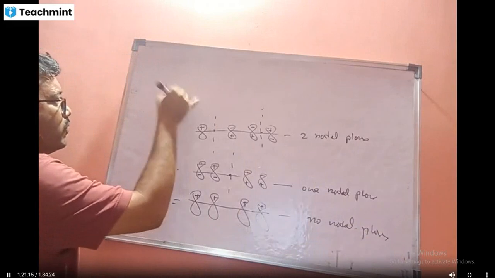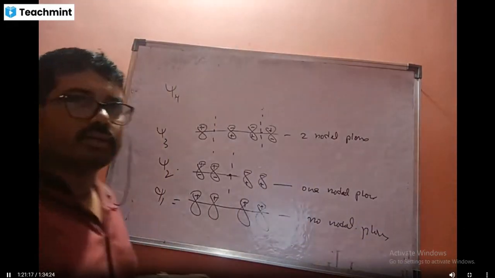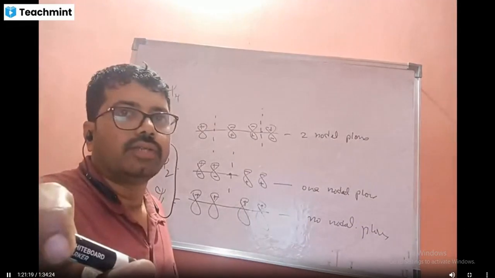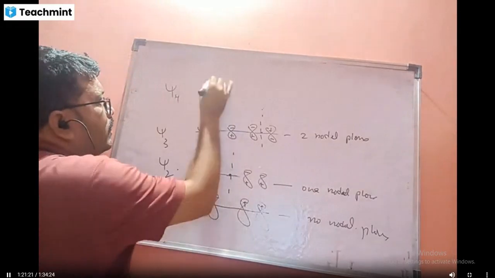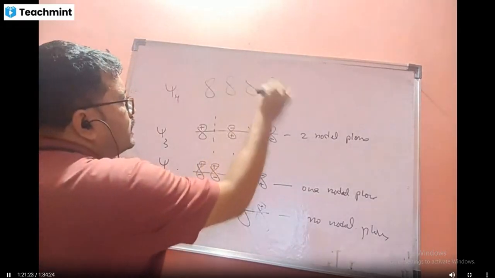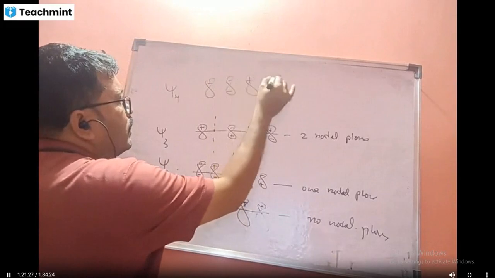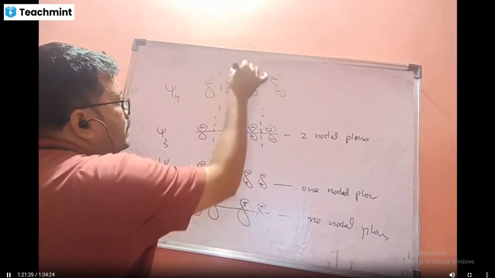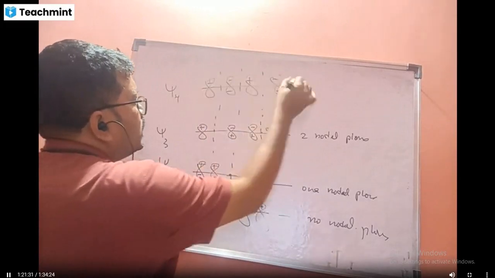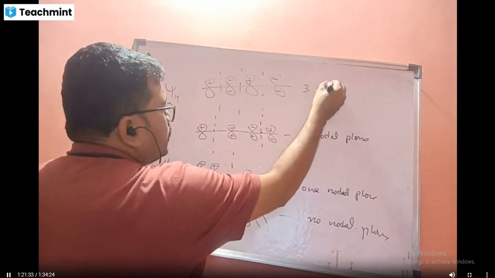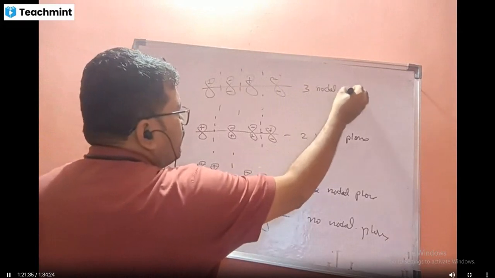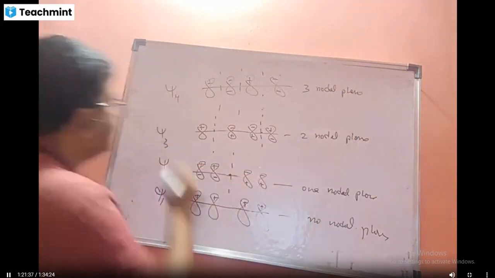One more is there, psi 4, total 4 pi orbitals. Here 3 nodal planes are there. See, plus minus. Total 3 nodal planes.